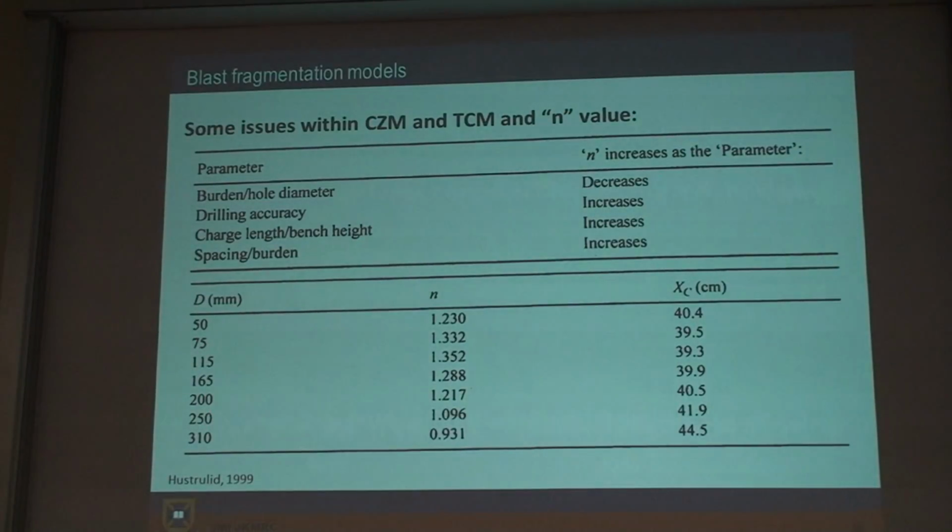For larger diameters, because the pattern becomes larger, we use larger spacing and burdens, so we expect coarser materials. However, the uniformity of the materials can decrease because the distribution of explosive energy is not like tighter patterns.